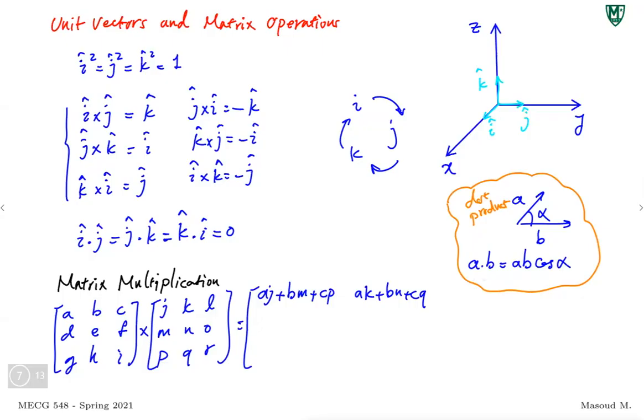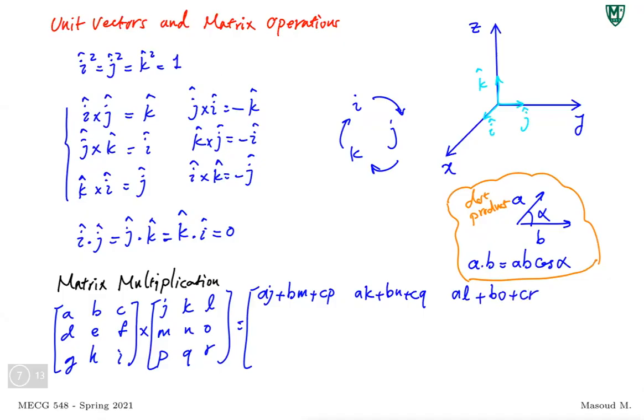Third one, I'm just going to clear this a little bit, give me some room there. First row, third column, multiplication dot product between these two, basically if you think about them as vectors, gives you the element on the first row, third column. So that would be AL plus BO plus CR. Right?